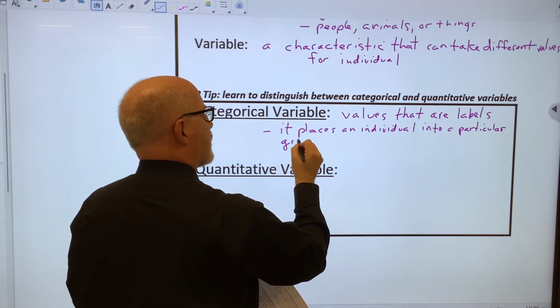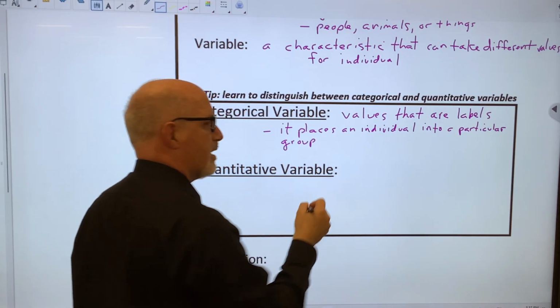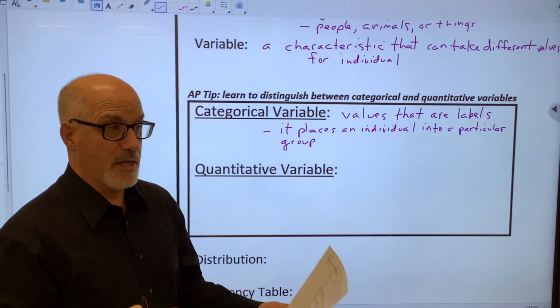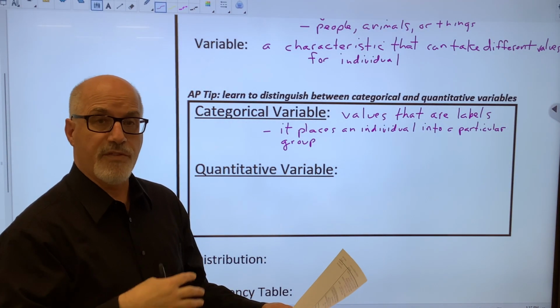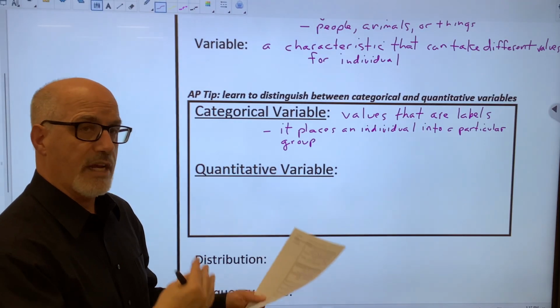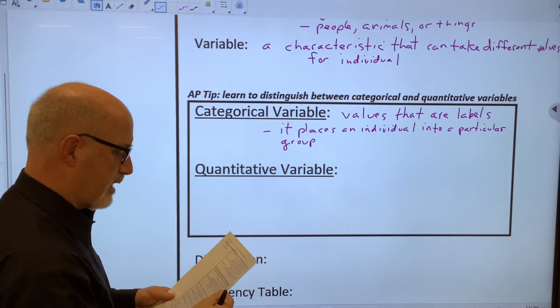So as an example, if we're talking about cars, we might talk about brands, we might talk about types of fuel it uses, whether it uses electric, gas, or diesel, something like that.